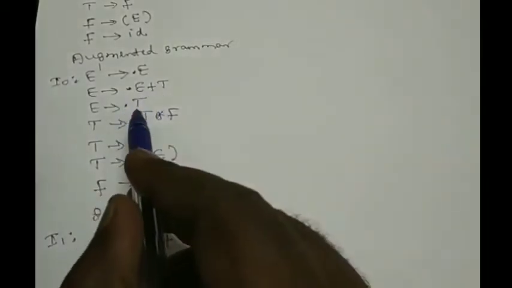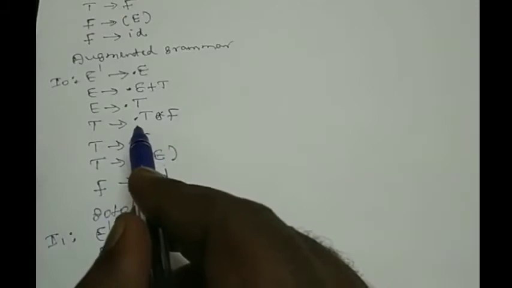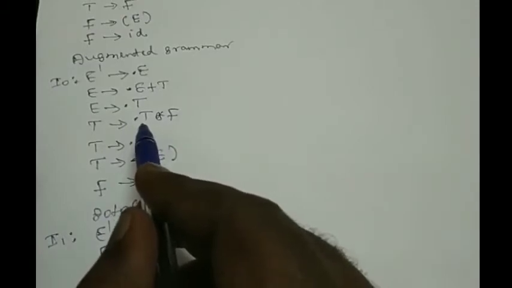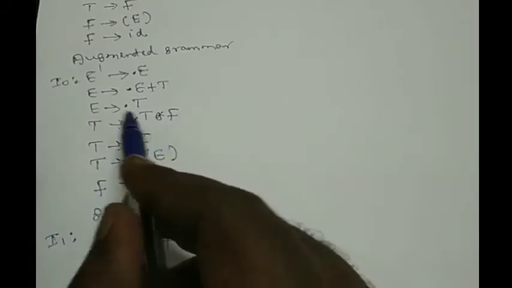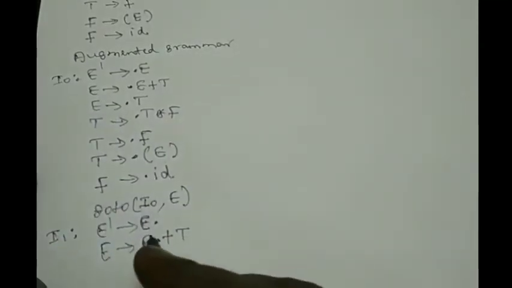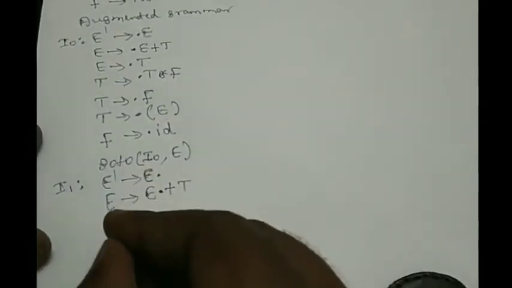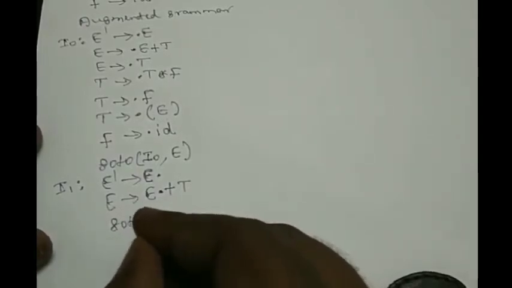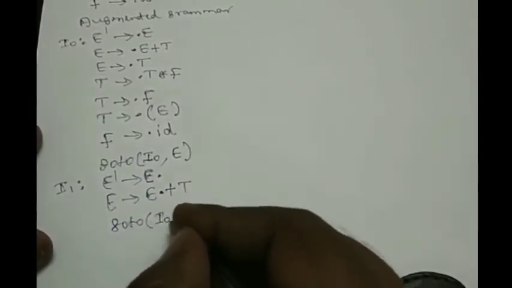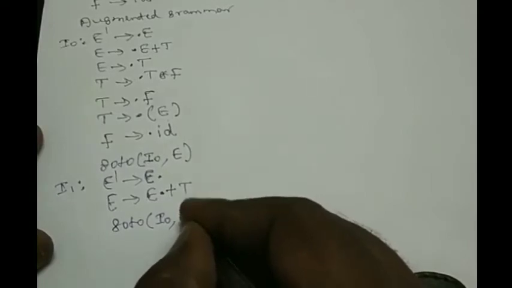Okay. Now we will go for the next production here. So a dot is before T in the item set, and a dot is before T in the very next production also. Now we have to process this too. So it is in item set 0, and we will process that again. So goto of I0 comma T, and the dot is before T here.